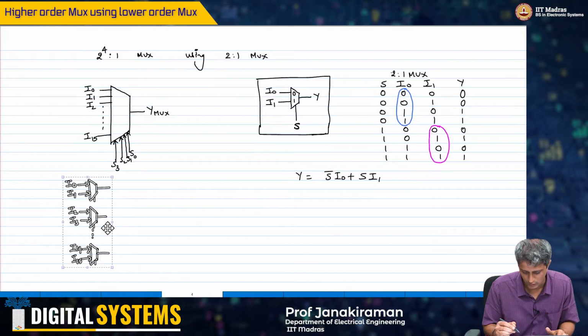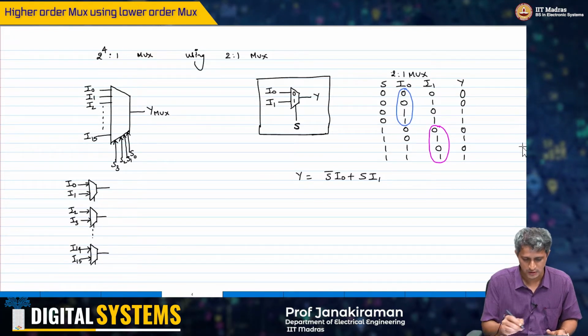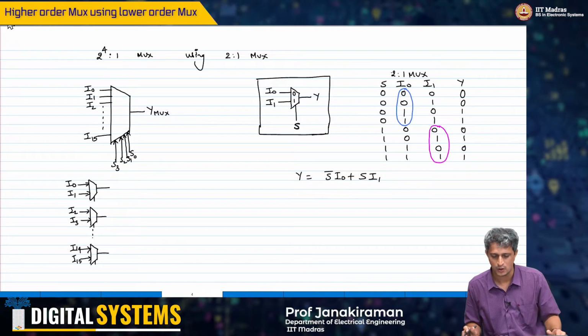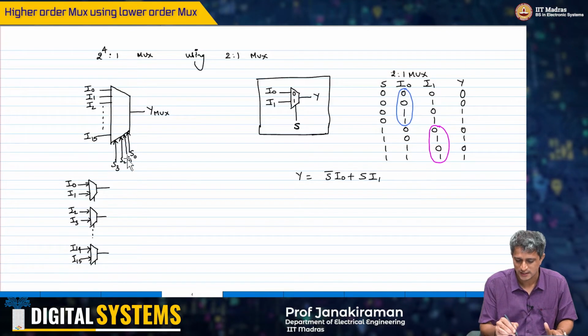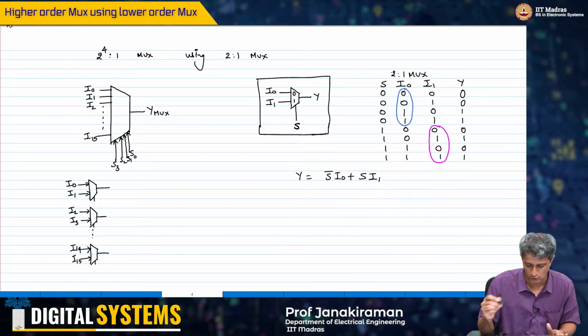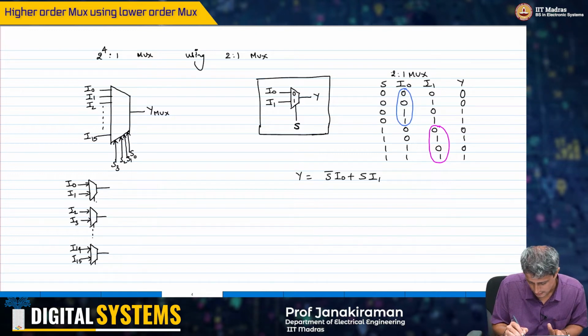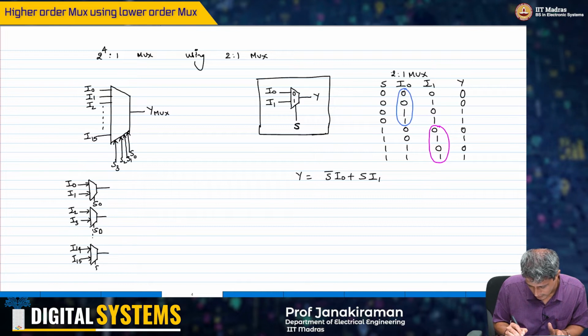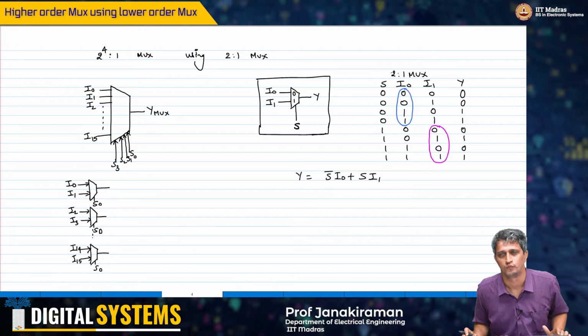The select line is obviously S0, the LSB. So let's see what happens if I connect this to S0. All these select lines are going to get connected to S0.